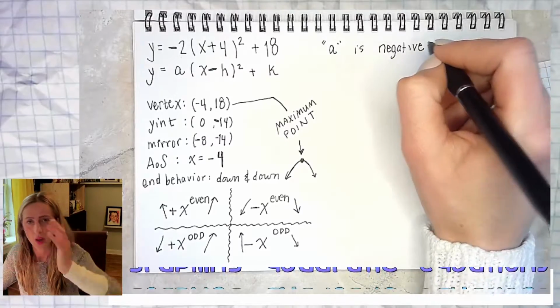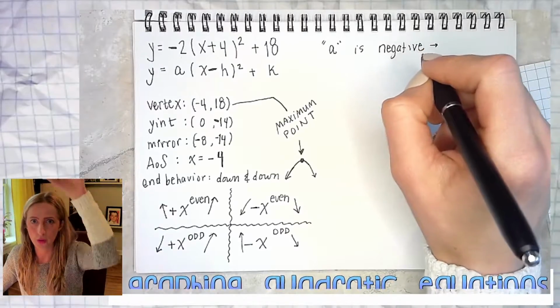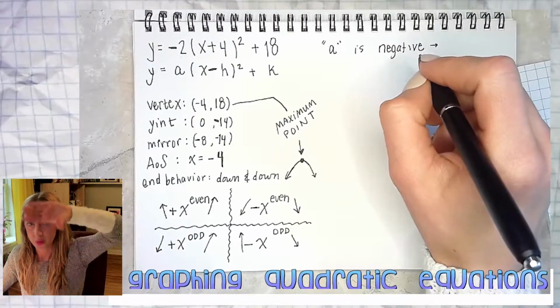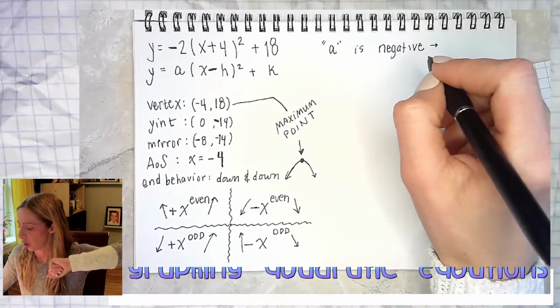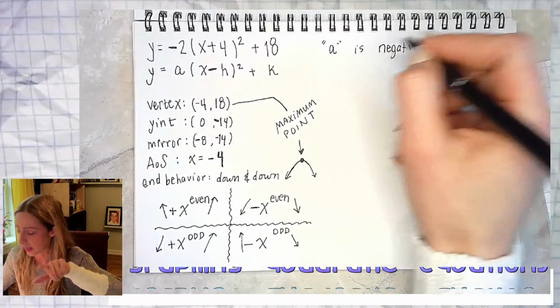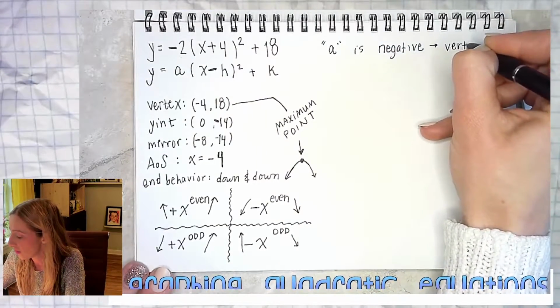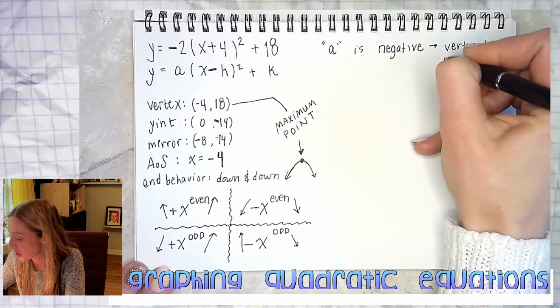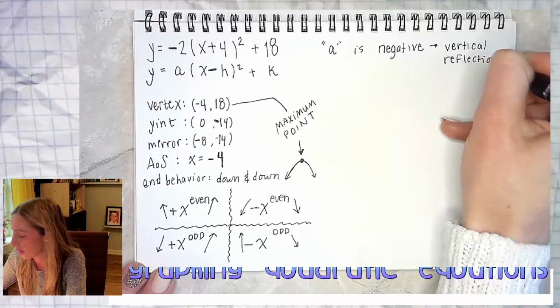It's an H word or a V word. Which one's this, up and down? Vertical. Good, vertical. So when A is negative, the fancy phrase for that is we call it a vertical reflection. And that's what makes it look like a mountain instead of a valley, you know?